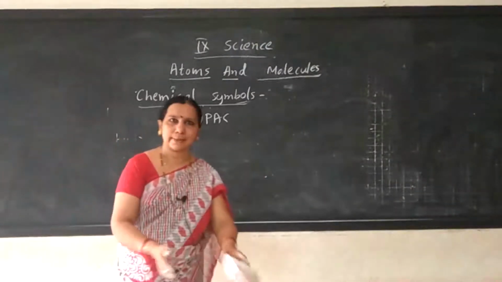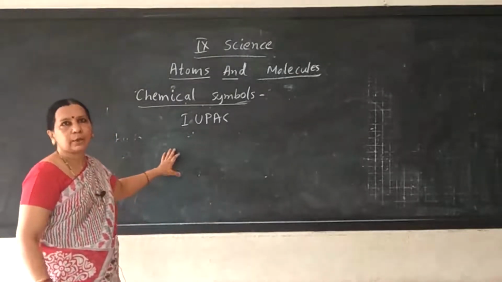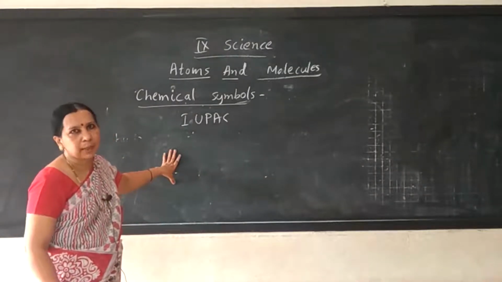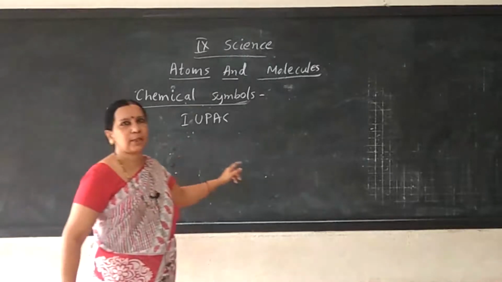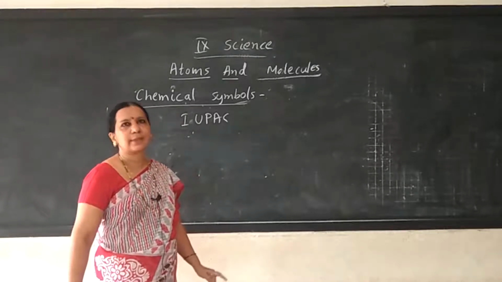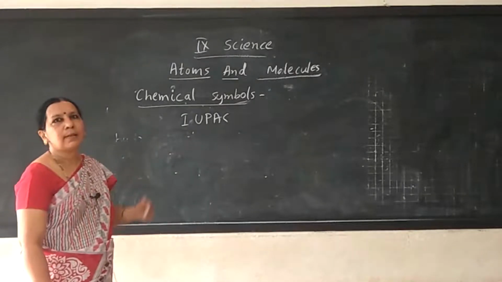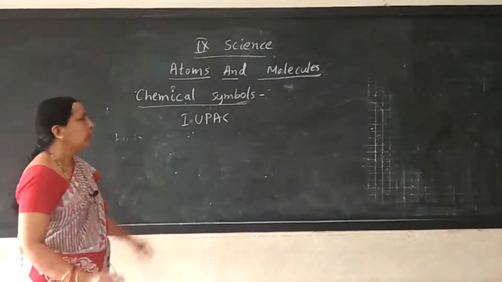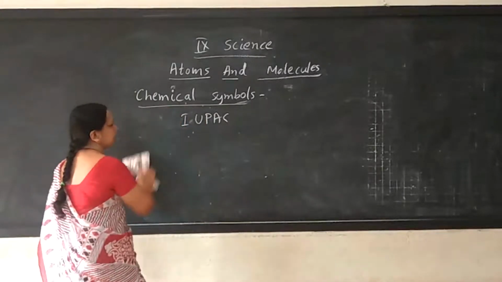Nitrogen N, oxygen O, hydrogen H, calcium Ca, argon Ar, bromine Br, silver, argentum name we consider, Ag, gold Au, potassium K, phosphorus P, silicon Si, boron B. Like this we write the symbols. Go through your textbook and write the symbols and practice.